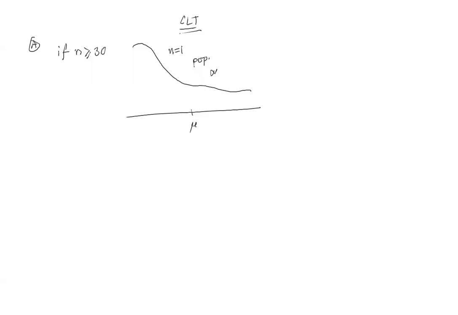So my central limit theorem, CLT, version A, let's call it: if n is greater than or equal to 30, it doesn't matter what the distribution of the original population is, where sample size n is equal to 1. And this is the population distribution, let's say with a mean of mu and standard deviation of sigma. It doesn't matter what it is.